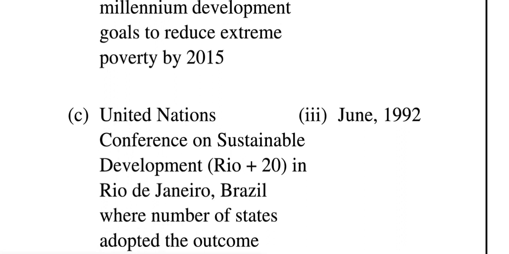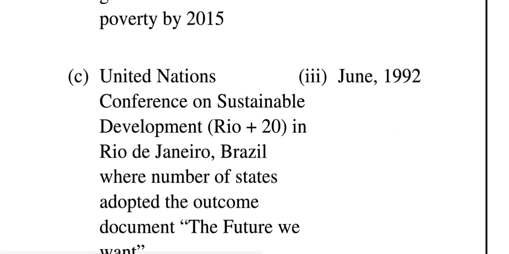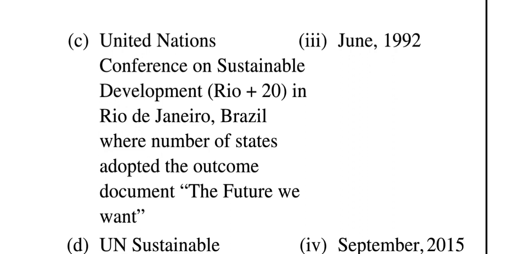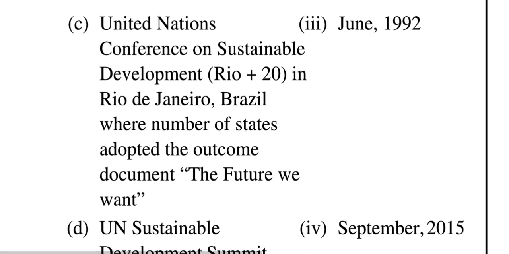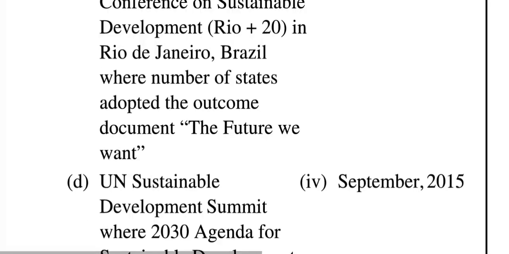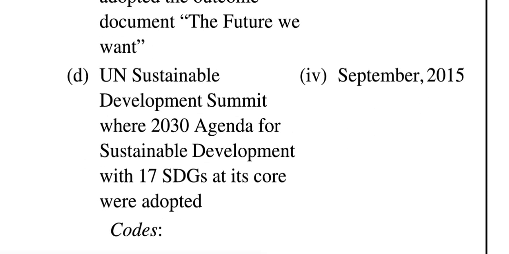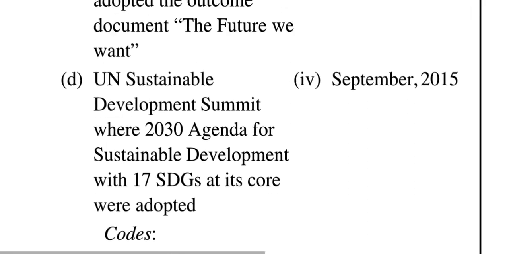C. We have United Nations Conference on Sustainable Development Rio Plus 20 in Rio de Janeiro, Brazil, where number of states adopted the outcome document The Future We Want. D. We have the UN Sustainable Development Summit, where 2030 Agenda for Sustainable Development with 17 SDGs at its core were adopted.